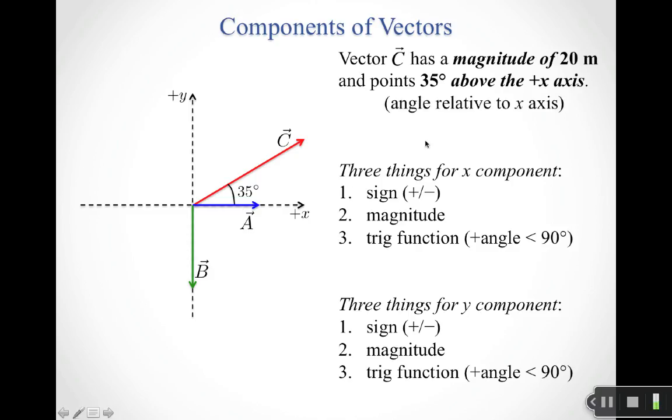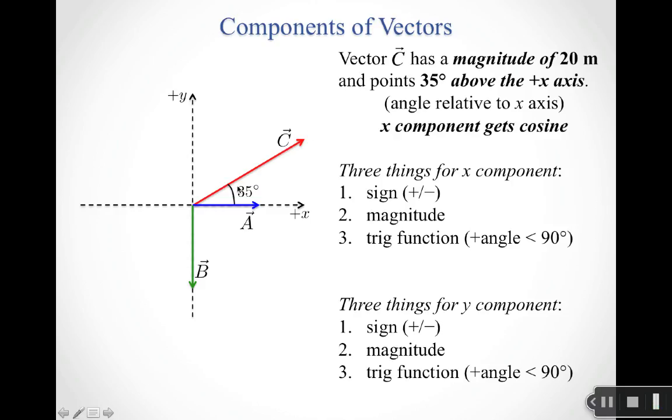Notice that we were given an angle relative to the x-axis. This is information that we'll come back and use. Since we have an angle relative to the x-axis, and we've drawn in our 35-degree angle relative to the x-axis, we have literally picked x to be the adjacent side to this angle.